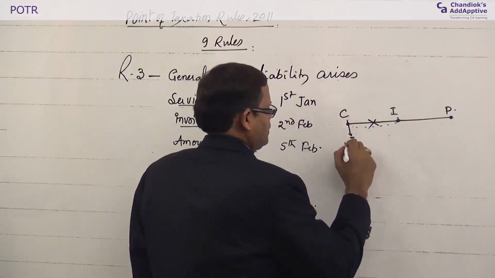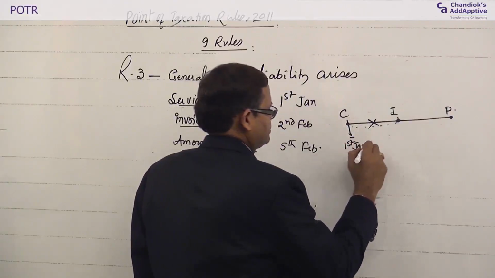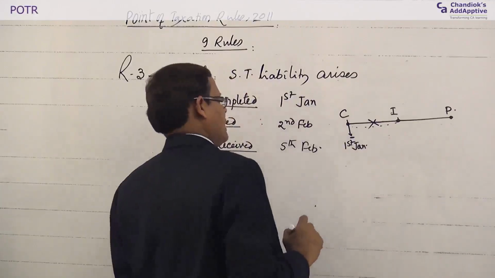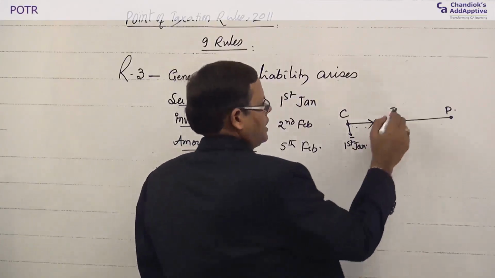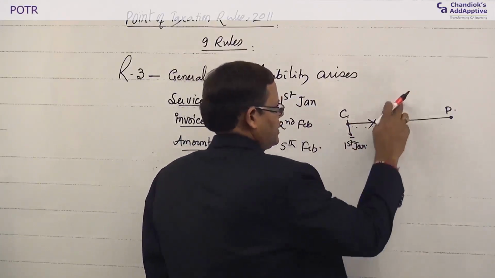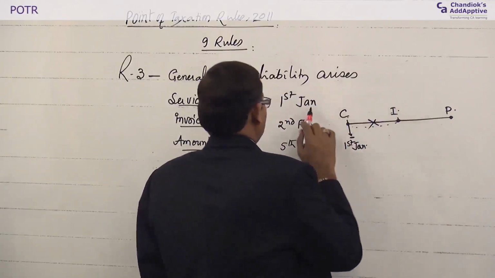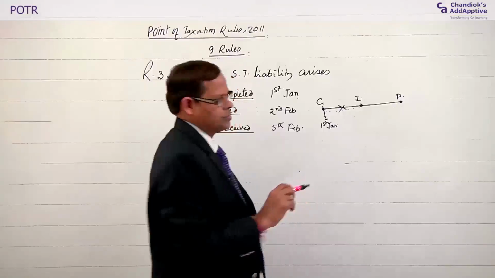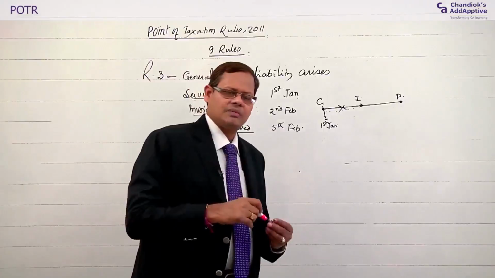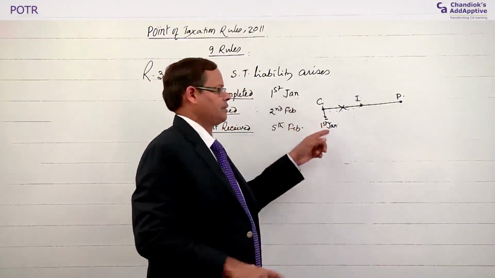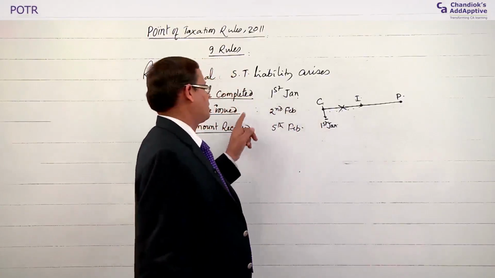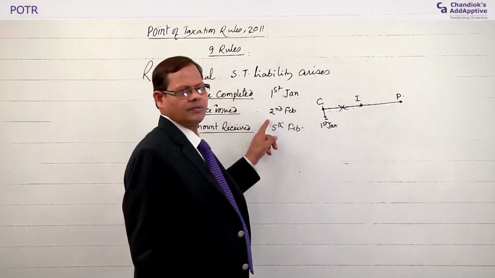So, 1st January will be the date. Tax liability arises not here but here. So, this became irrelevant. The date of completion is 1st January and the service tax liability arose on 1st January because you have not issued the invoice within 30 days of completion.